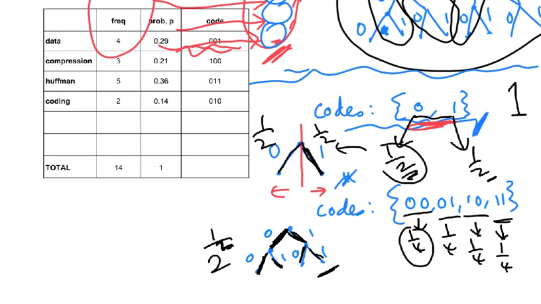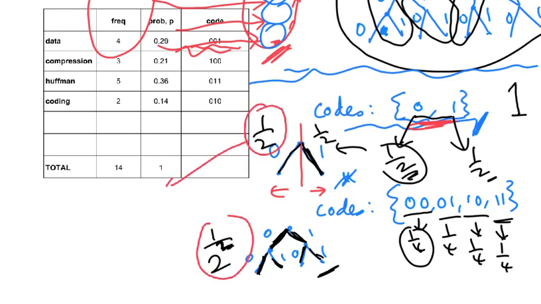Let's think again about what they actually are. Each of these fractions is actually 1 over 2^L, where L is the length of the code.